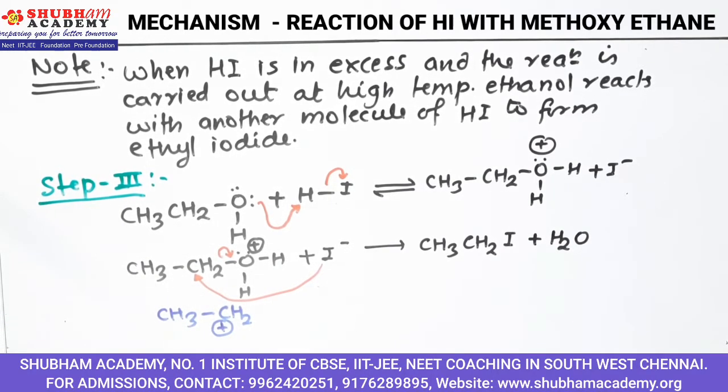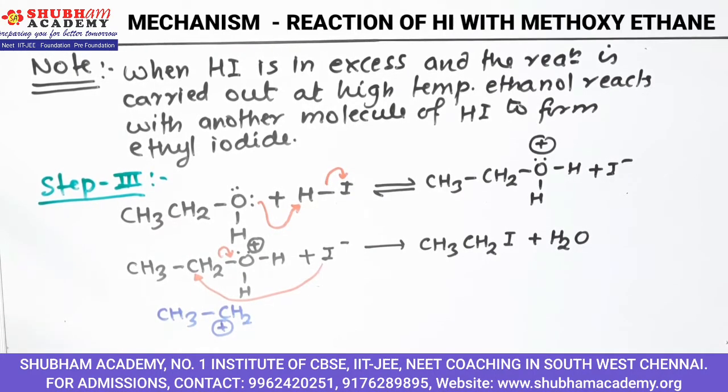Okay. Now, what we are seeing here is that if you have an unsymmetrical ether, then the halogen part is going to the alkyl group with the lesser number of carbon atoms.